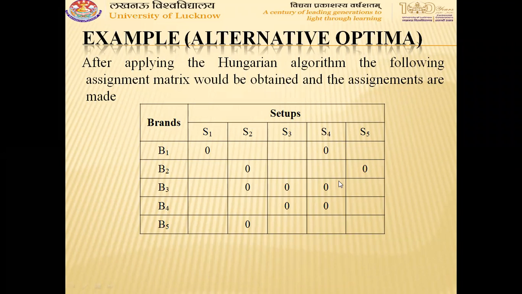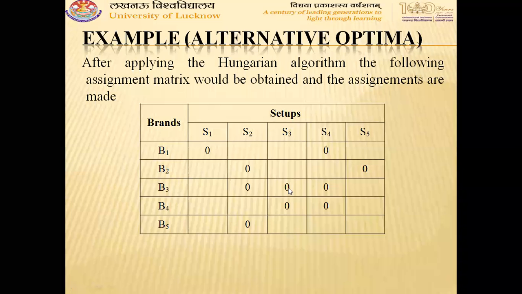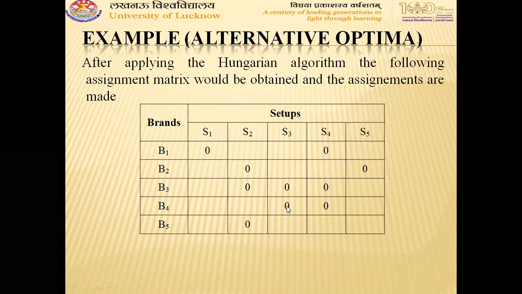But among these, there are two zeros in the same row and same column. That means two or more zeros are present at the same position in a particular column, or you can say in a particular row. So among these zeros, when selection is made, we can select this one and cross this one, or we can select this one and cross these two.